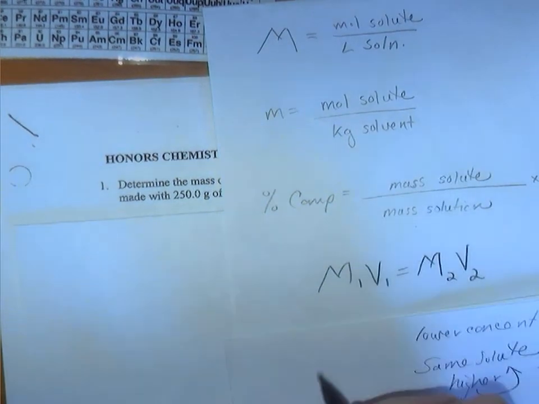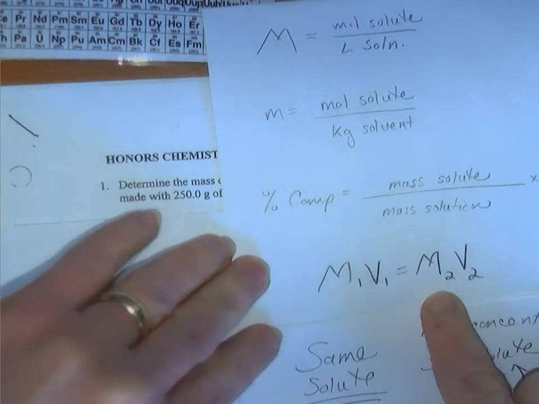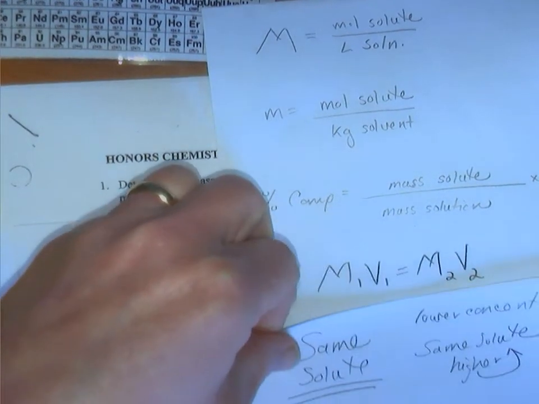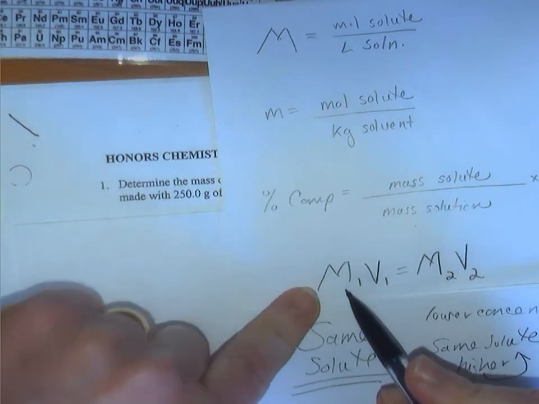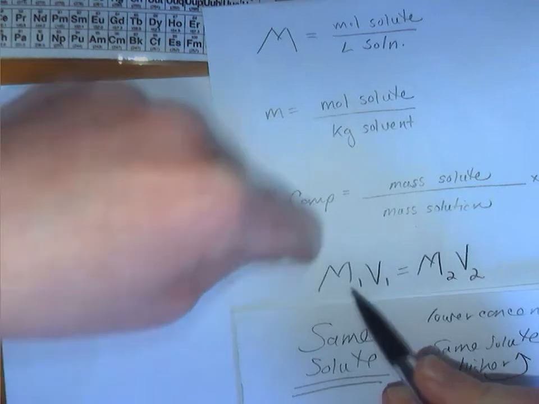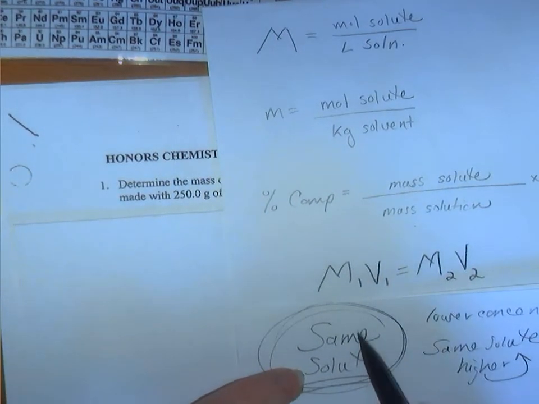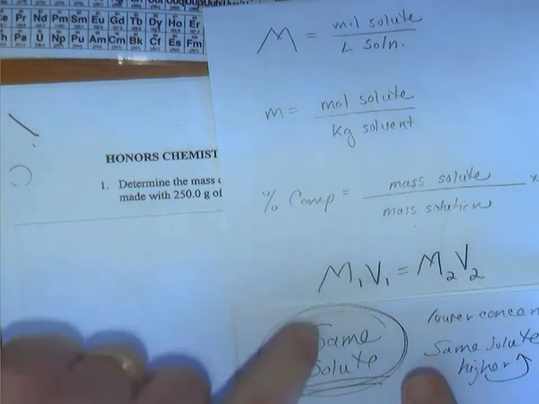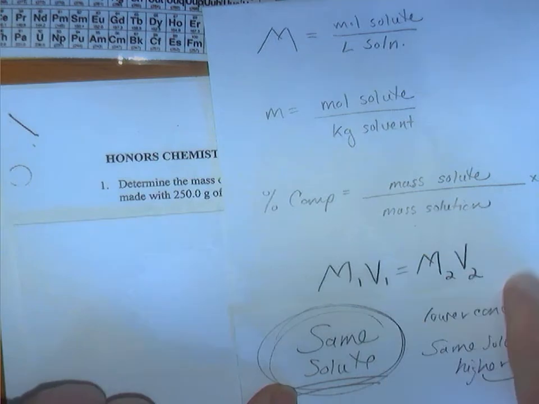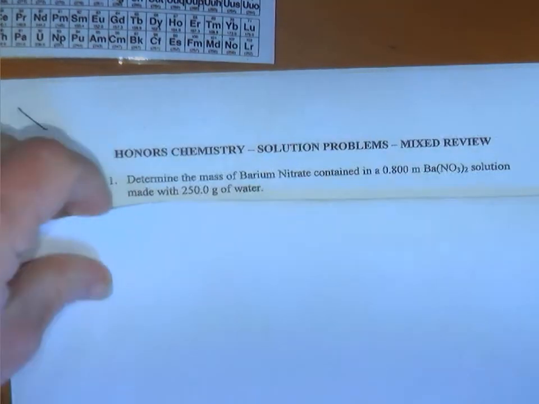So it's the same solute that you're either trying to make a lower concentration of, or trying to find out what the original concentration was that led to the lower concentration. The key is you're reading the same solute in the problem, but dealing with two different concentrations of that same solute. Then we know we're implementing this equation. Okay, so to dig into some problems.